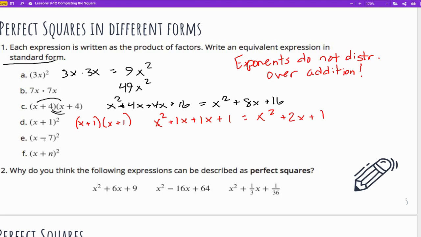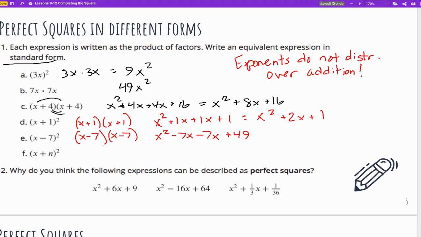What if I did x minus 7 squared? x minus 7 times x minus 7, right? Again, don't just square the two terms. Multiply it out. We get x squared minus 7x minus another 7x plus 49.